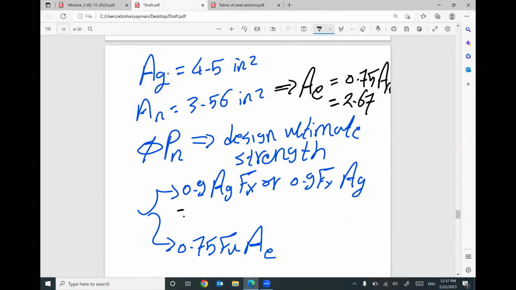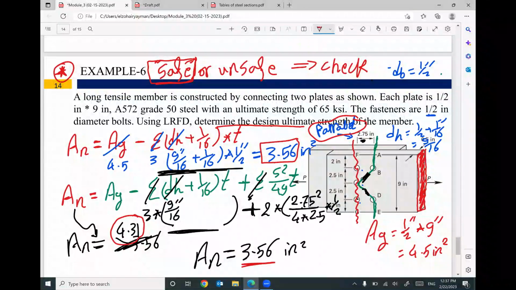So this number will give you 0.9 times F yield. Read your problem carefully. For F yield, the type of steel is given here. Grade 50 with ultimate strength 65. This is the value of F ultimate. This is the value of F yield based on this type of steel.